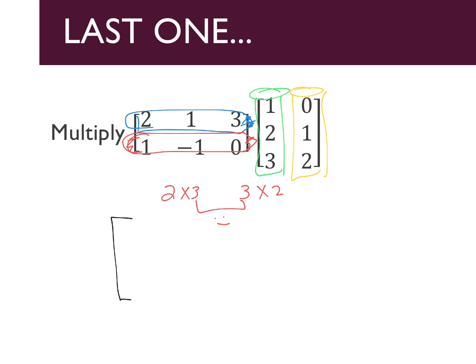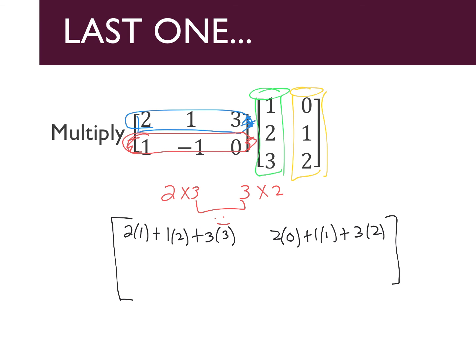So when we put the blue pencil into the green cup, the eraser is at the top of the green cup, 2 times 1. And we'll do the middles. Plus 1 times 2 plus 3 times 3. Then we put the blue pencil into the yellow cup for the second column. And the eraser goes at the top of the cup because we don't want to have the pointy side up. 2 times 0 plus 1 times 1 plus 3 times 2.